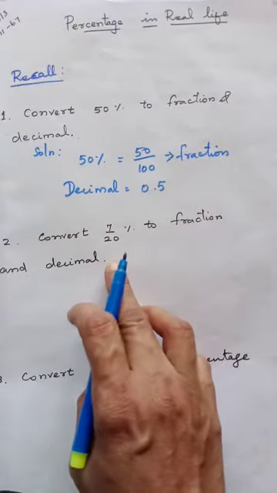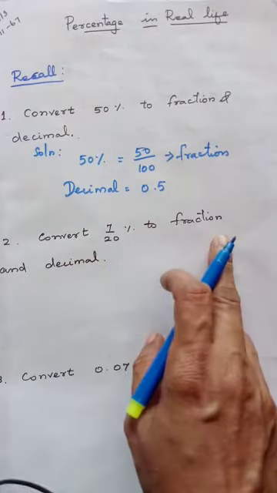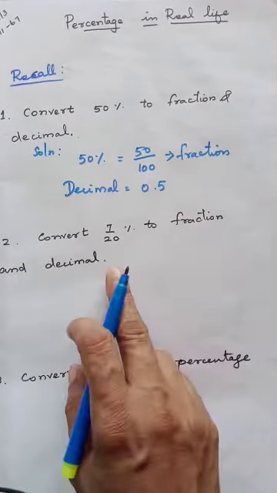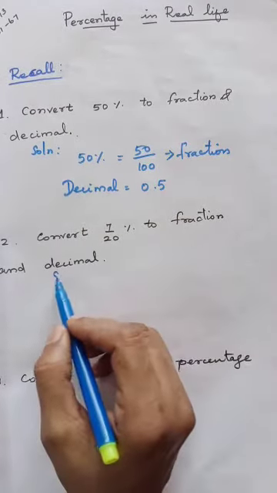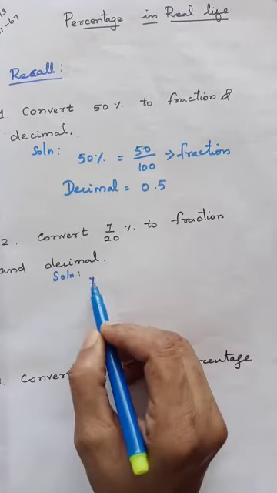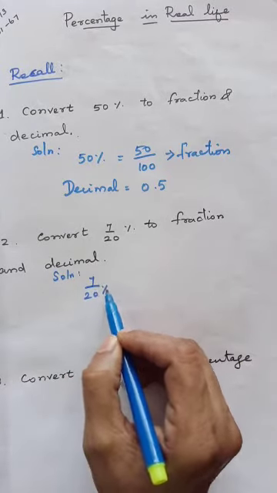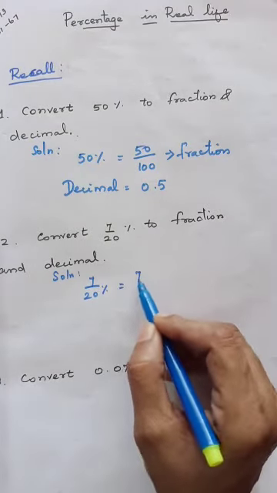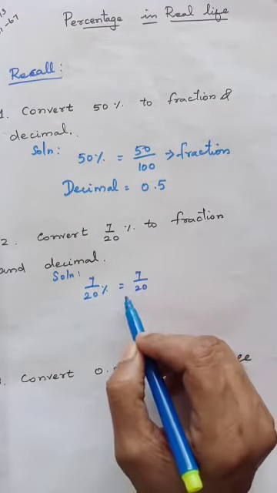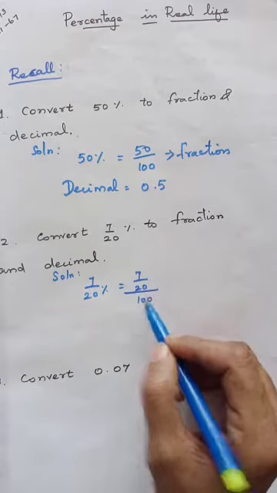Convert 7 by 20 percentage to fraction and decimal. Solution: 7 by 20 percentage. Percentage means the denominator must be 100. So 7 by 20 divided by 100.